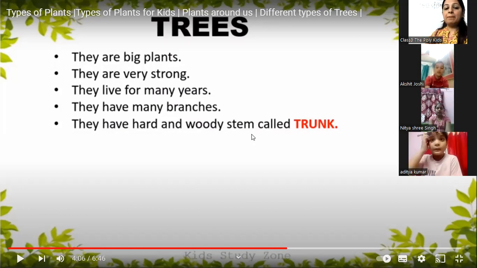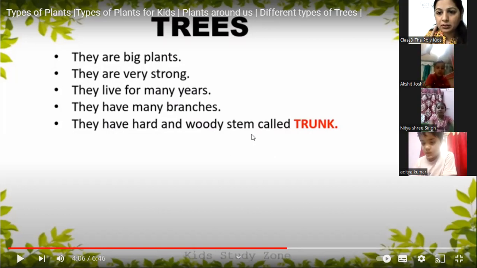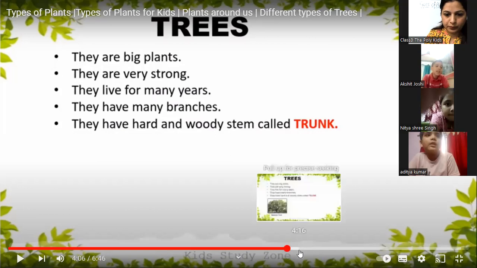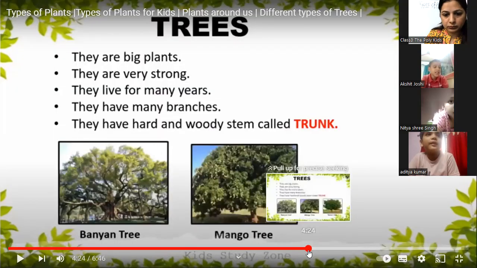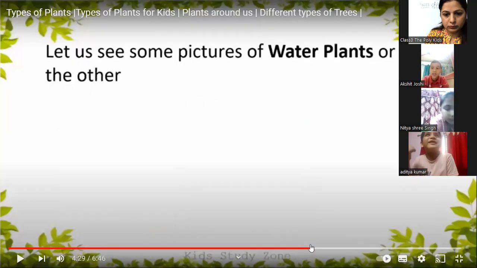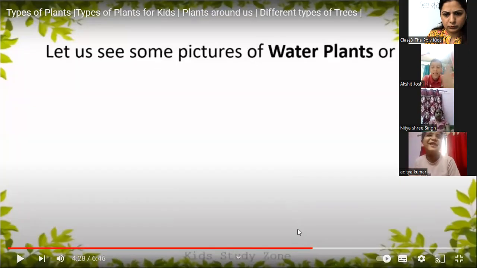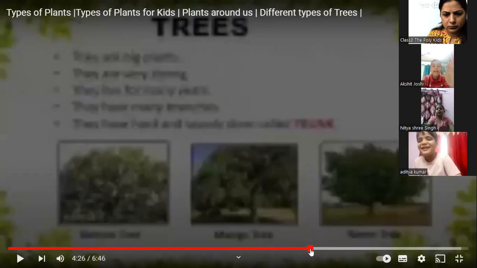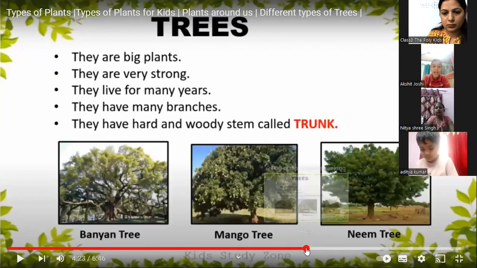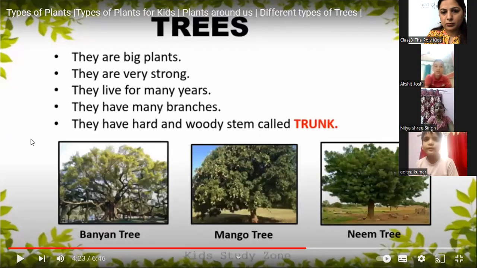Okay, if hard and woody is of shrubs also, so can we compare trees and shrubs? No, ma'am. Yes, Akshit. Ma'am, the stem of plants where plants stand straight is called stem, but a tree stands straight by trunk.